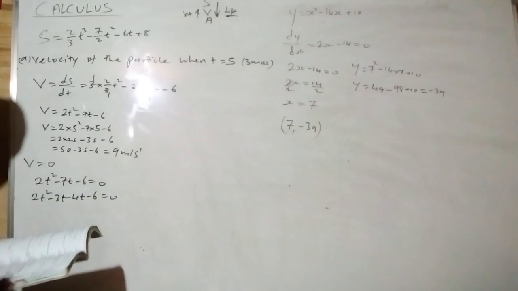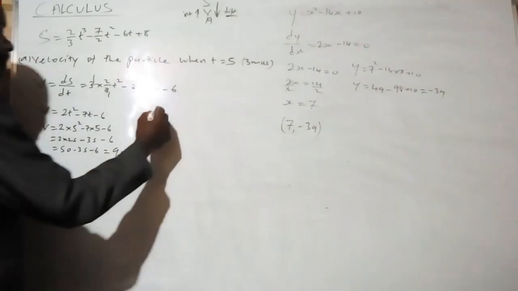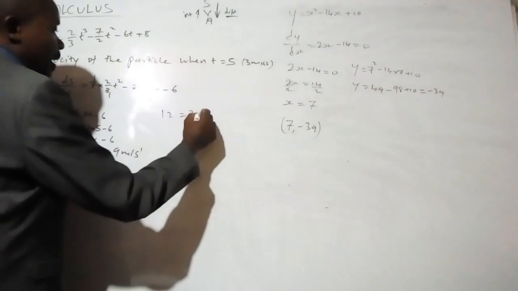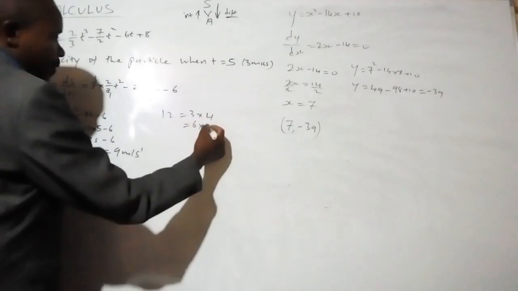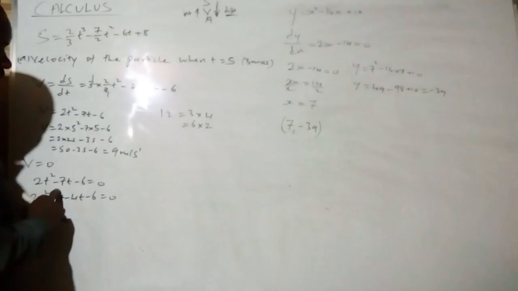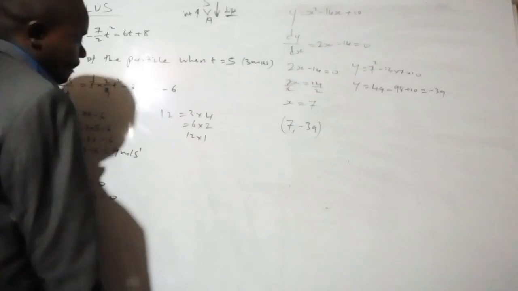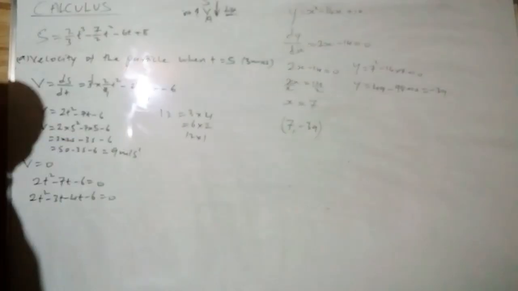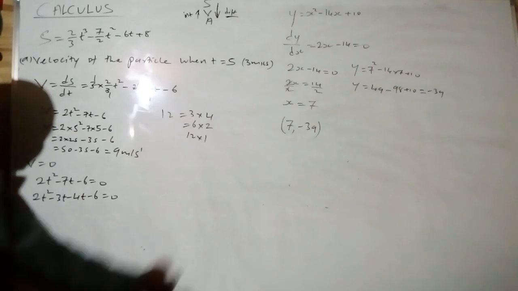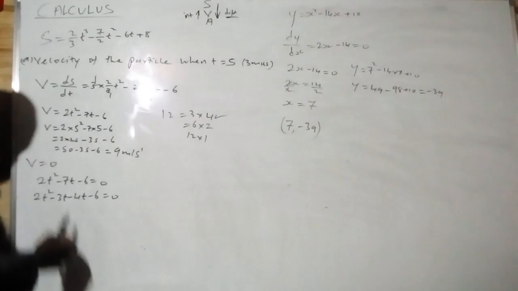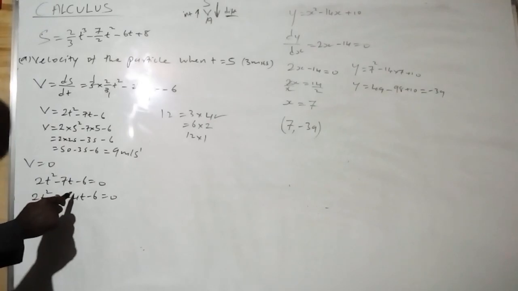Factors of 12: 3 times 4, we have 6 times 2, we also have 12 times 1. Those are the factors. The one that was supposed to give us the correct answer was 3 times 4. 2 times 6 is 12. Then negative 4 plus 7, it's 7.